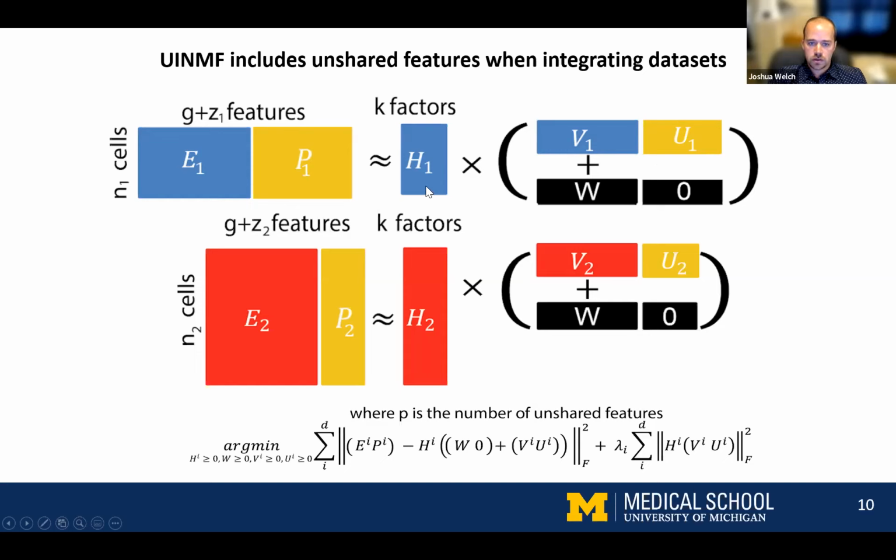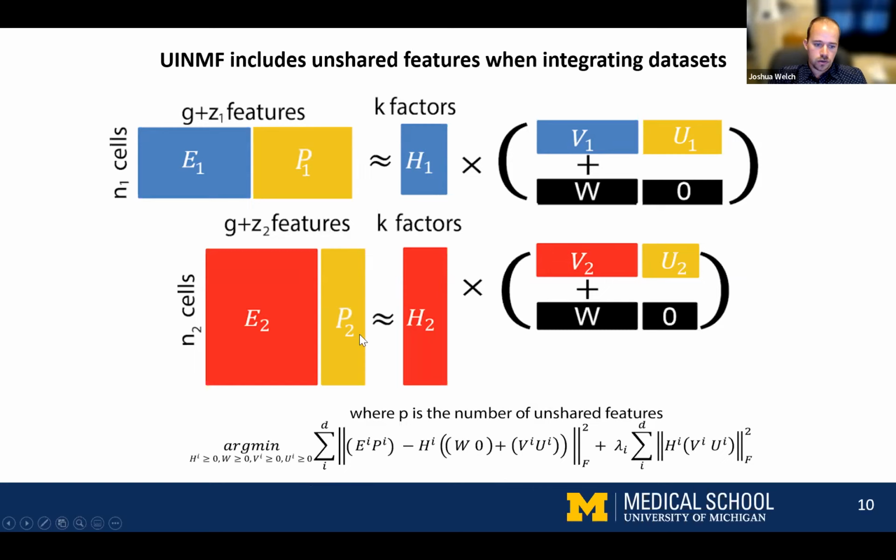To make the dimensions of the matrix factorization work out, we have to also concatenate a zero matrix with W, so that this matrix product is then V stacked with U added to W stacked with 0 and then multiplied by H. And then we can update the optimization problem as shown below so that now we have stacked W with 0 and stacked V with U.